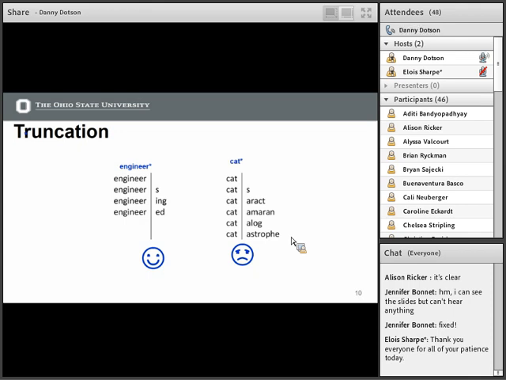But if you try to use it with cat, it actually turns into a Batman joke because you're going to get all these variations on cat terms that aren't related to the cat that you intend. Yes, it's going to get cat and cats, but it's also going to get cataract, catalog, catastrophe. So I always caution students that yes, you can use this, but always be very careful with that.